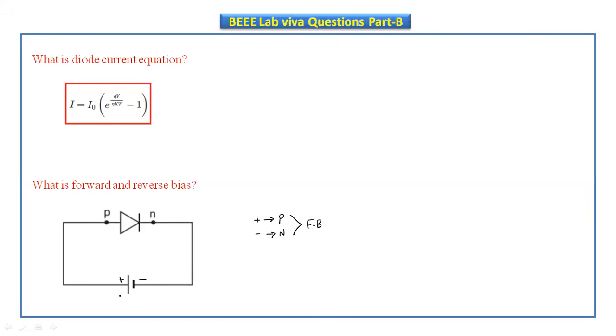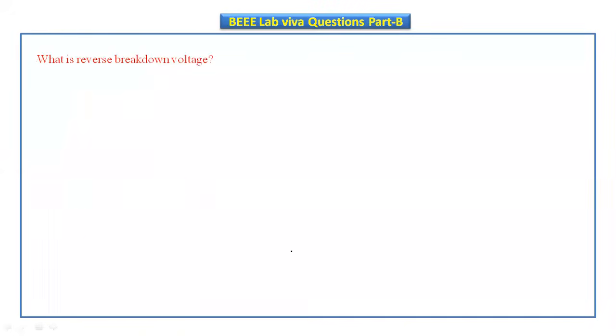First of all, biasing means giving an external supply to any electronic device. If we give the supply like this, the diode will be in forward bias condition. Suppose we interchange the terminals, so the negative terminal is connected to P and the positive terminal is connected to N, then the diode will be in reverse bias condition. This is about forward and reverse bias.